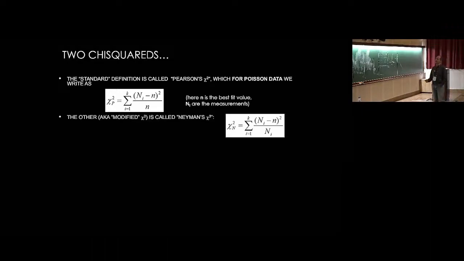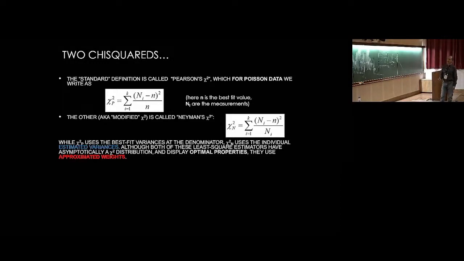The Neyman chi-square is slightly different because it uses a different estimate for the variance at the denominator. And this is not the common fit value, but is the observed value of each bin. So if I observed 100 and it's a Poisson, the variance is 100, right? So I put 100 here, but it's an estimate, okay?